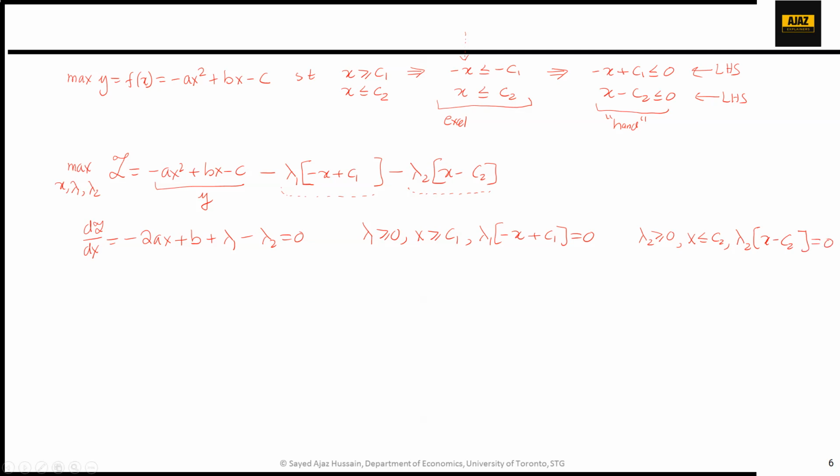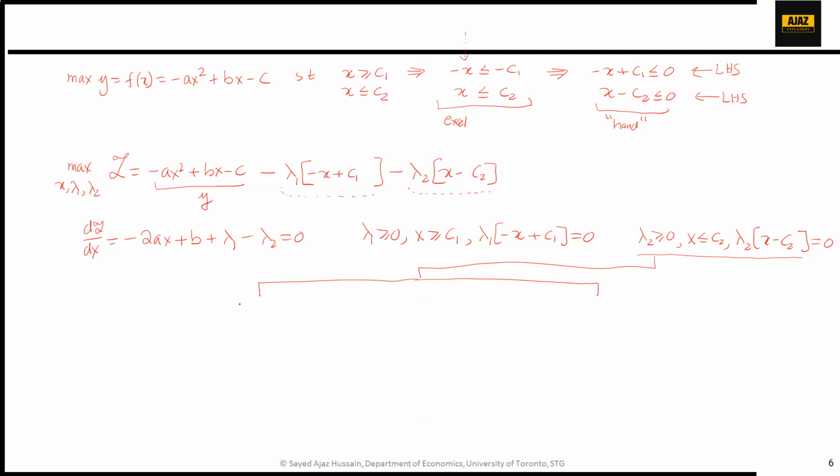My recommendation, just out of years of experience, is now you have to split in cases. I would start with this one right here. If you look at this one, it implies two things must be true. Either lambda 2 is 0 or x is equal to c2.